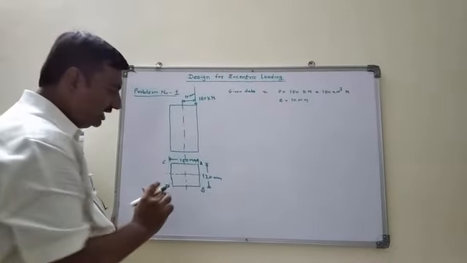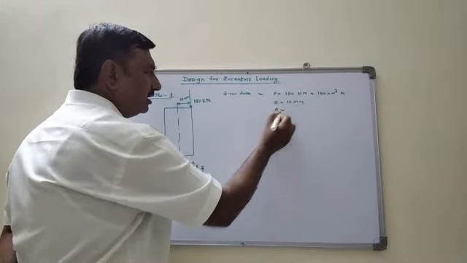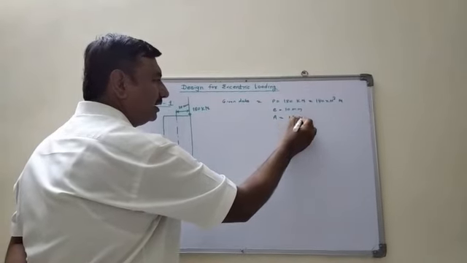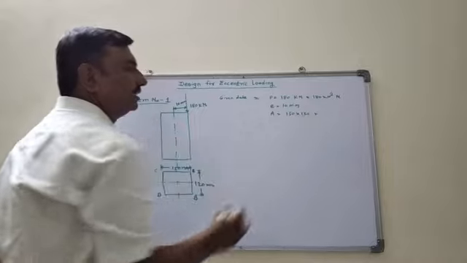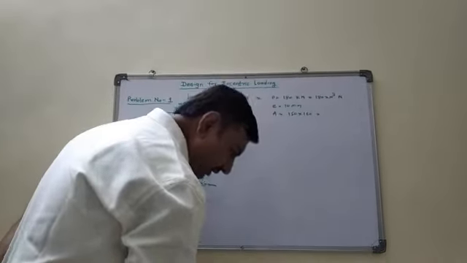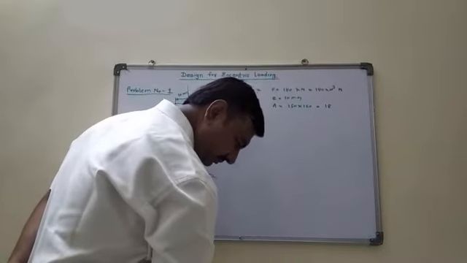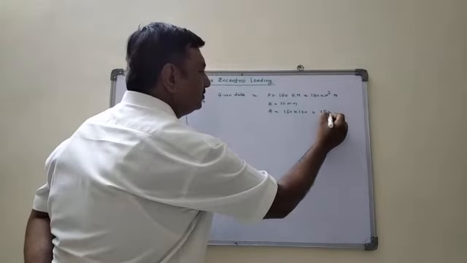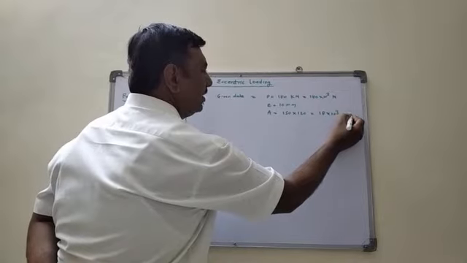The cross section is rectangular, so the area is 150 into 120, which comes to 18 into 10 raised to 3 mm square.